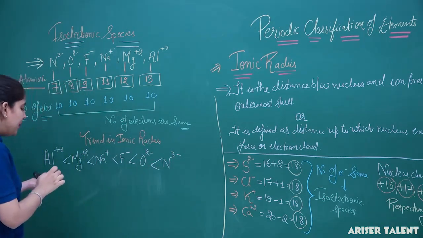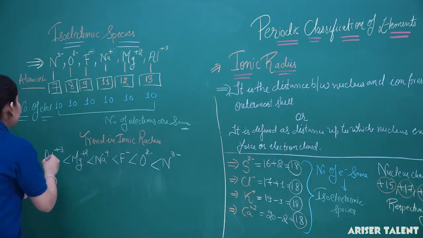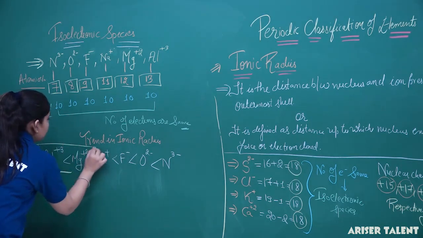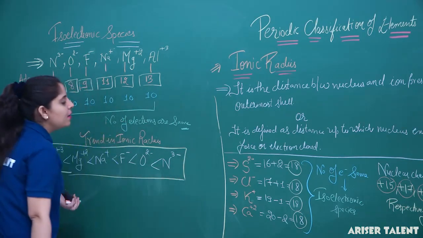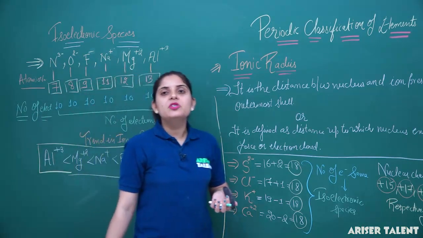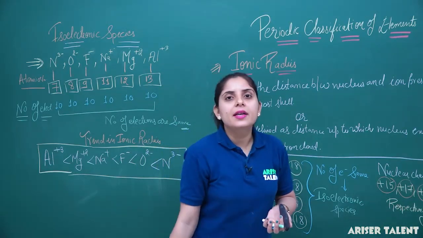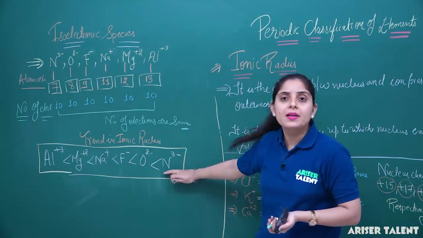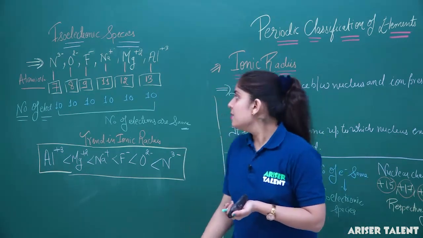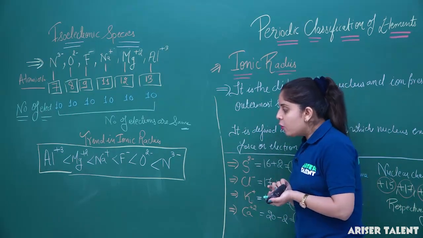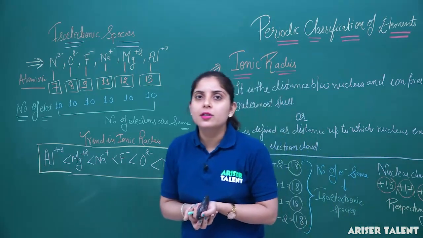So this will be the trend of the ionic radius in the case of isoelectronic species. Among all these isoelectronic species, the largest ionic radius will be of N3 minus. It means nitrogen will have the highest ionic radius. So this is about the trend of ionic radius in isoelectronic species.